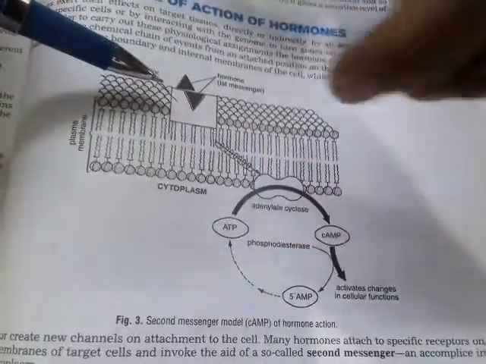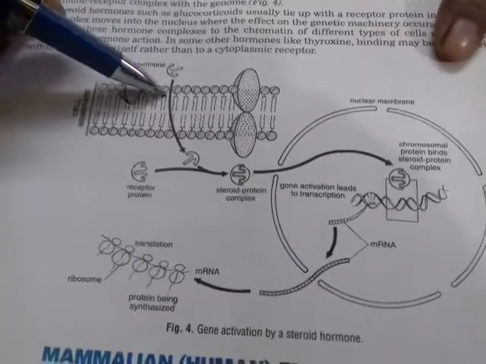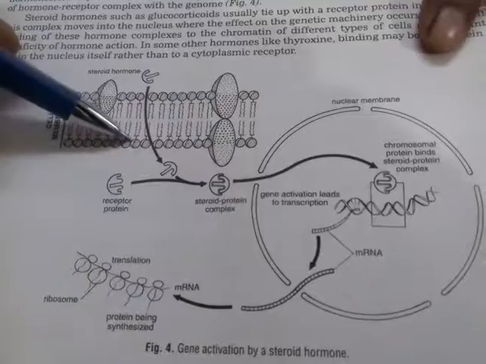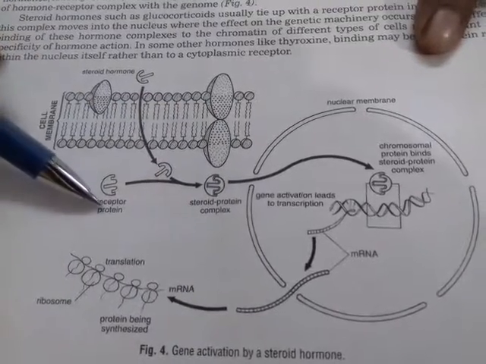Now this is in case of amine and protein hormones. But in case of steroid hormones, since the cell membrane is made up of lipid and protein, they can usually penetrate through the cell membrane. Here you can see a steroid hormone entering through the cell membrane, the bilayer of lipid and protein, and there is a protein receptor.